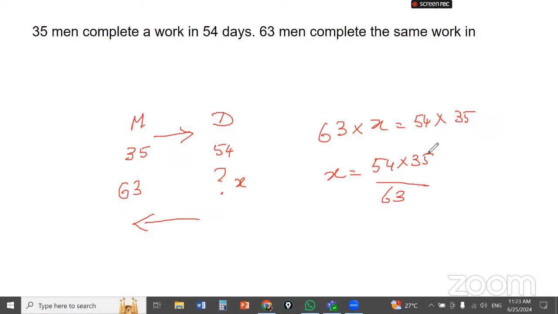You can simplify them easily. So 63 men complete the work in 30 days. See, the number of men increased, the number of days reduced. So this is your inverse proportion. Yes Lavanya, it is 30.